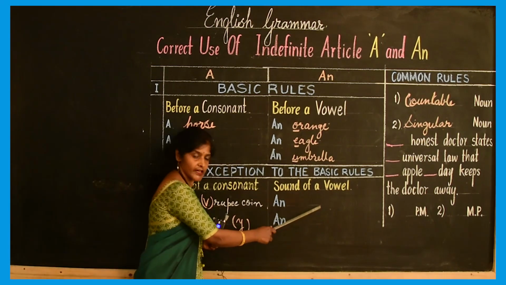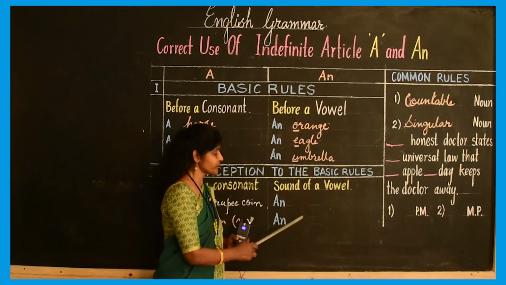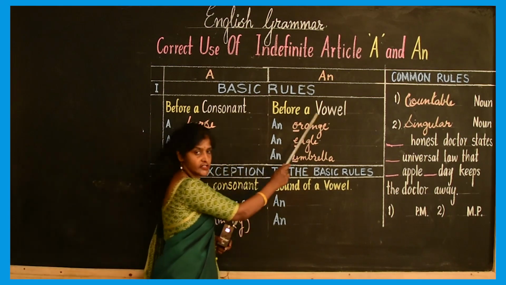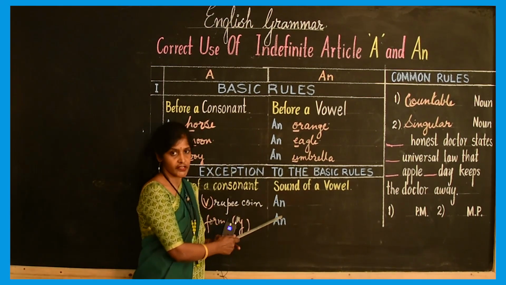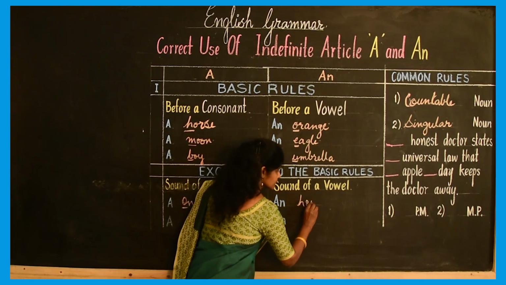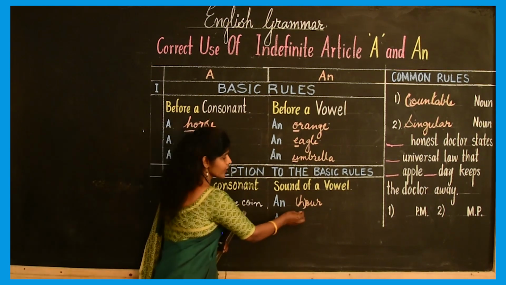Similarly, on the other side, the exception to the rule says, if a word begins with a consonant but sounds like a vowel, use the article an. For example, an hour.